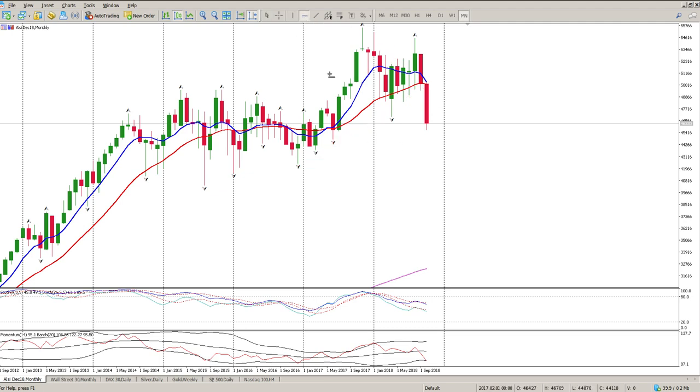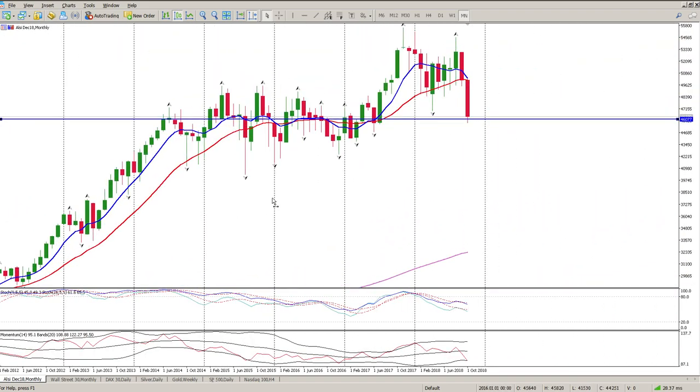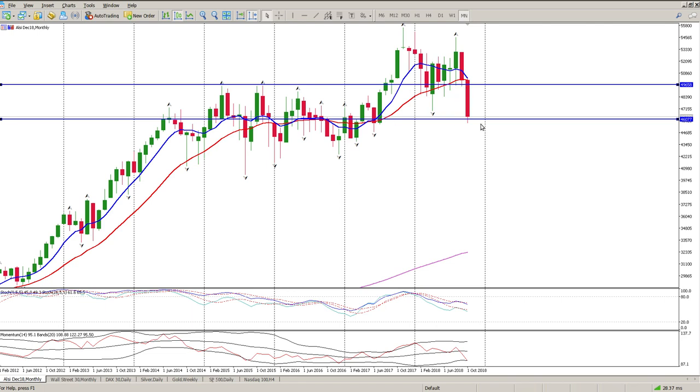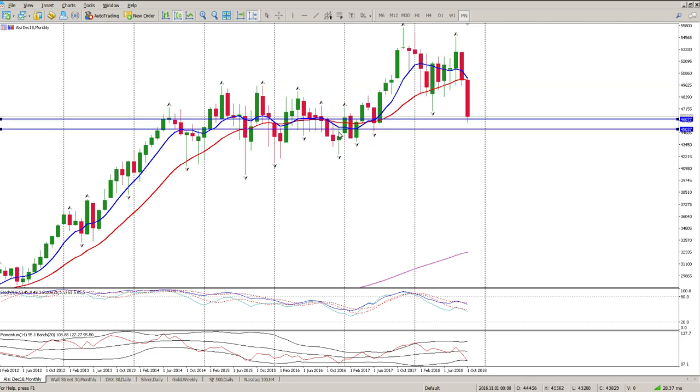Now, what I want to do is pick up some levels. So there is the first level. This inside tail here, you see it interacts with a lot of what's happening to the left. Now we've broken through the previous highs that we had, which was up there, and we are coming back, entering into the lows of last year almost.